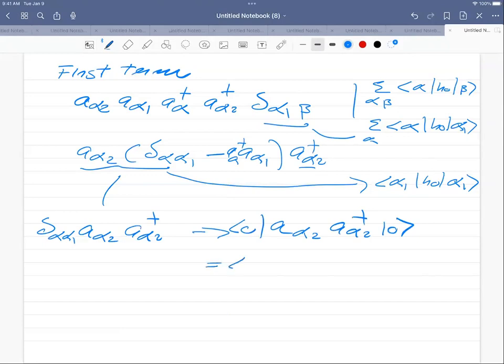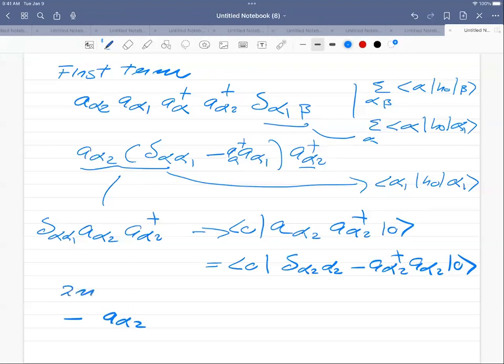And this is again equal to delta α2, α2 minus a_α2 dagger a_α2. The second term gives 0. So this simply gives us delta α2, α2, which is an obvious statement because α2 has to be equal to α2. So that's a pretty obvious statement. Now, if we then look at the second term, which we have here, we would then have a minus, and then we have an a_α2.